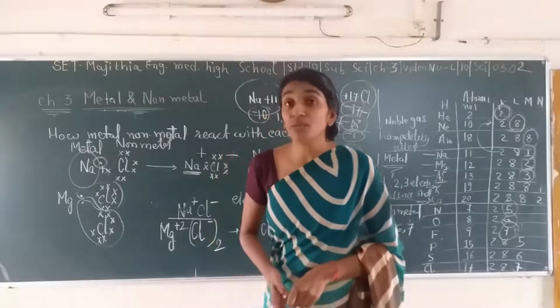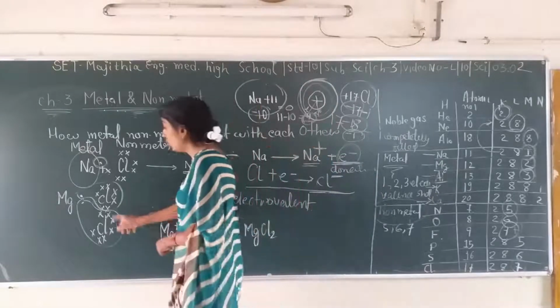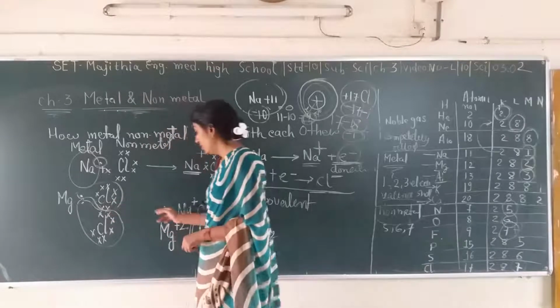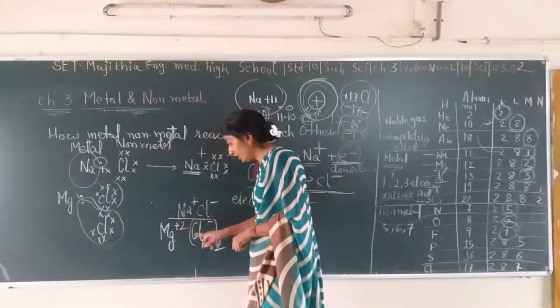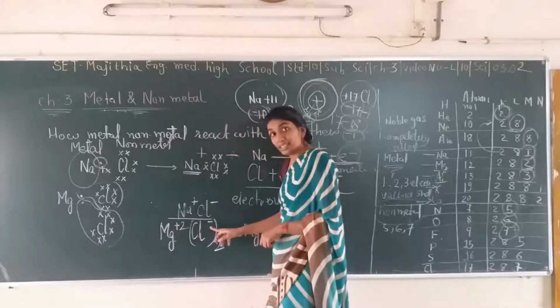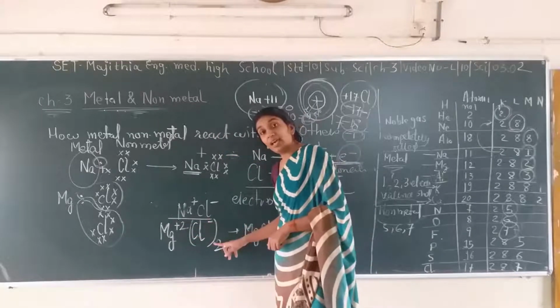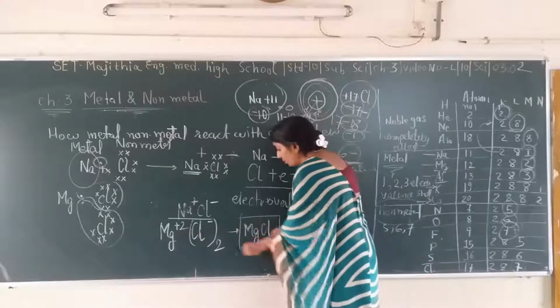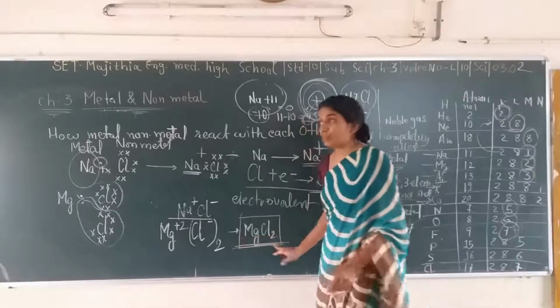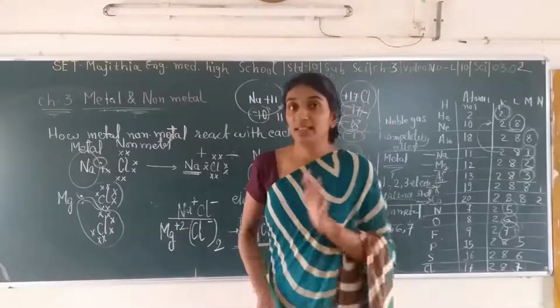So magnesium is going to react with 2 chlorine atoms, and the product is Mg plus 2 and Cl minus 1, but twice, minus 1 to the minus 2. Okay? So the total charge of whatever configuration is made by this is always 0.